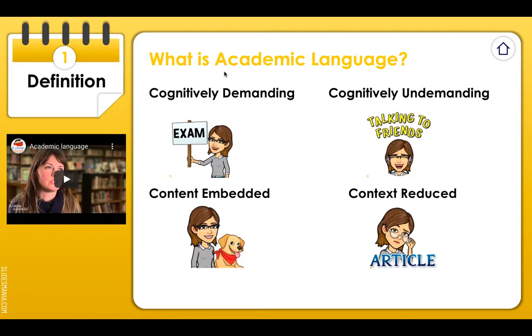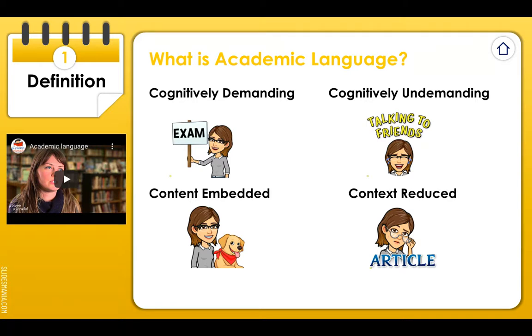First, we'll talk about what academic language is. The text refers to this language as being cognitively demanding, undemanding, content embedded, and context reduced. When it's demanding, that's when a student would be taking an exam. So something that's going to be strenuous and they're going to be using a lot of vocabulary.